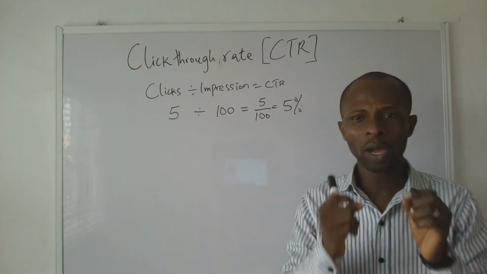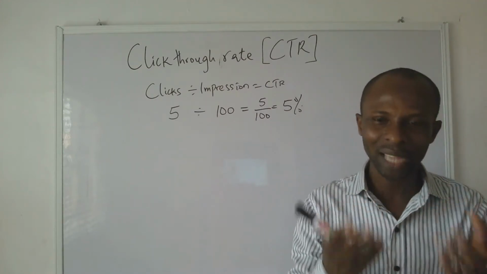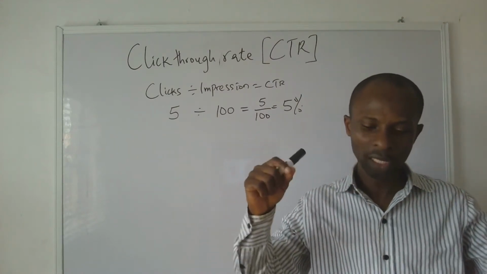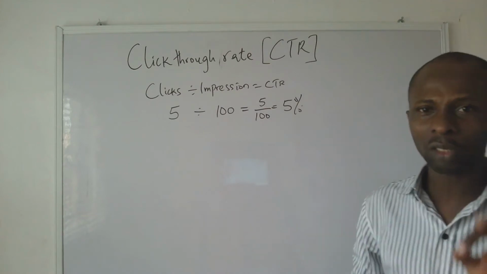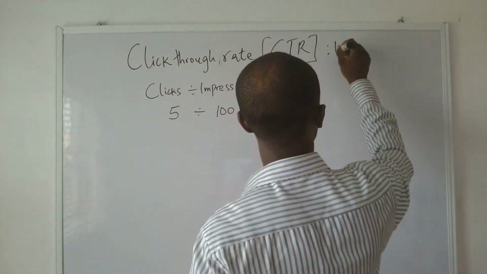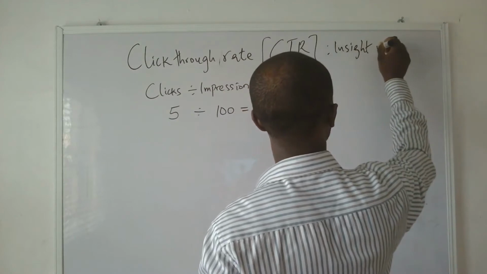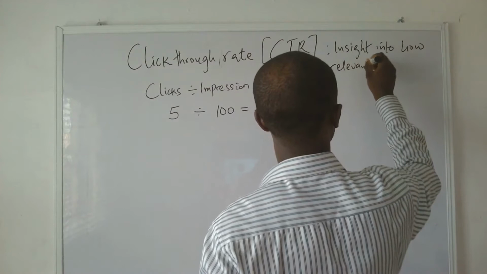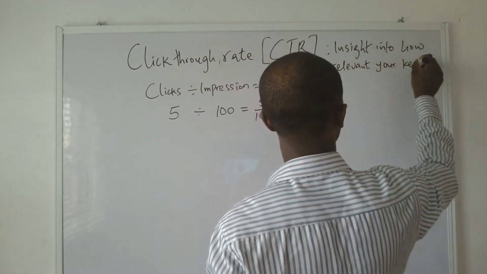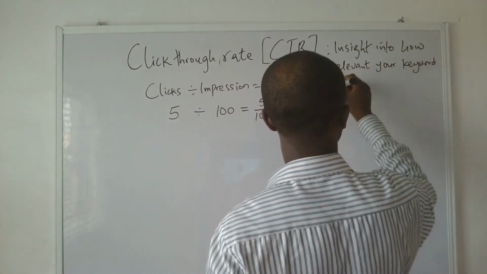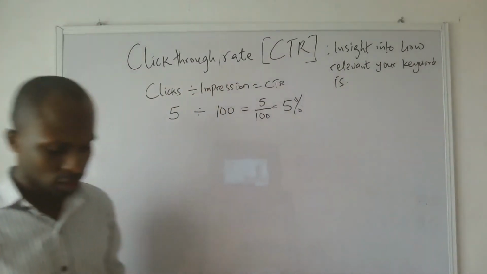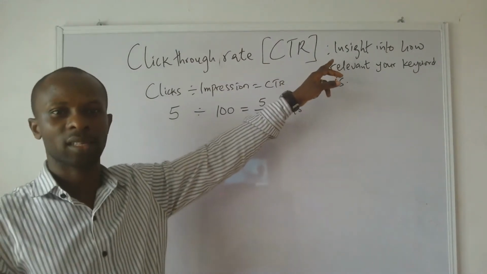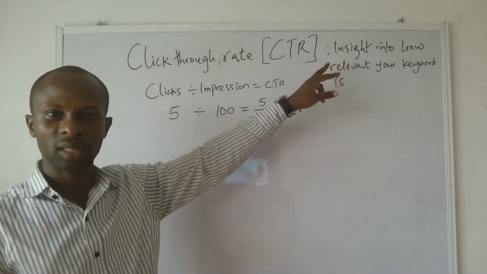But if what they are searching for is exactly what you are offering them, most likely they want to check it out. So your click-through rate gives you insight into how relevant your keyword is. So if your keyword is relevant, more people will click. If your keywords are not relevant, fewer people will click.